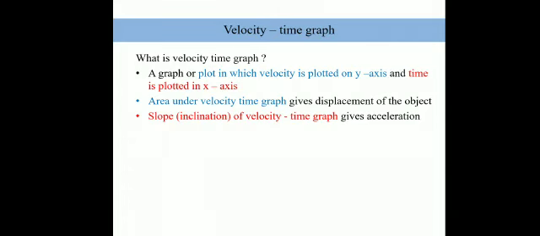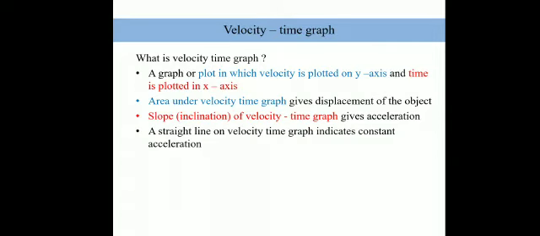Very important. If the velocity time graph is a straight line, that indicates constant acceleration. A straight line means it has to be a little bit inclined. If the velocity time graph is a straight line but is inclined, tilted from the x-axis, then we say the acceleration is constant.